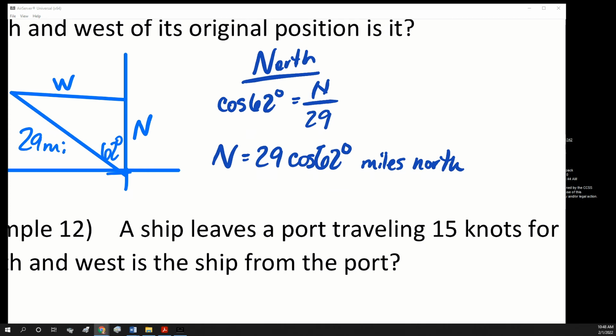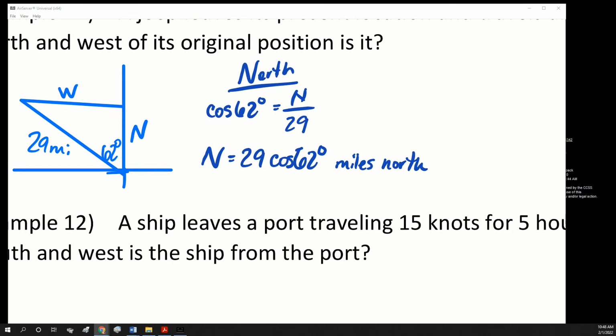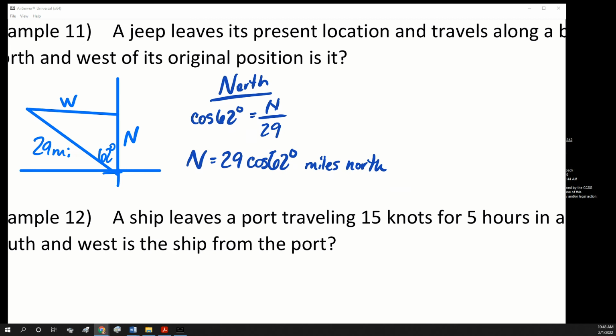Right? And then the other thing we want to know is how many miles west the Jeep is from its original position. So then we're going to look at the two things we know, the angle and the side we know, and we want to find west, which trig ratio? Sine.